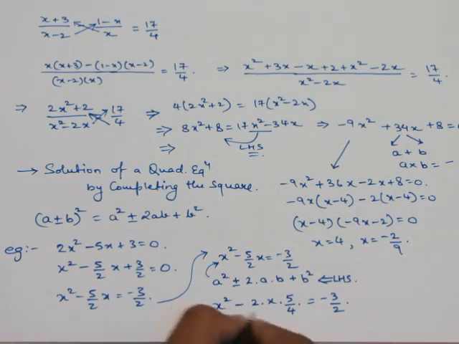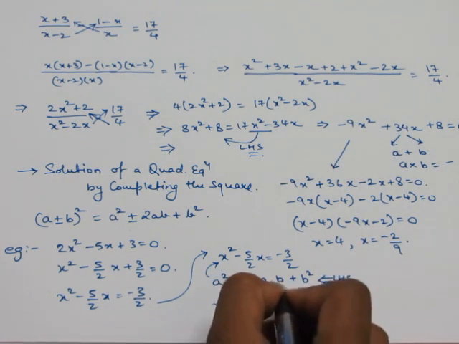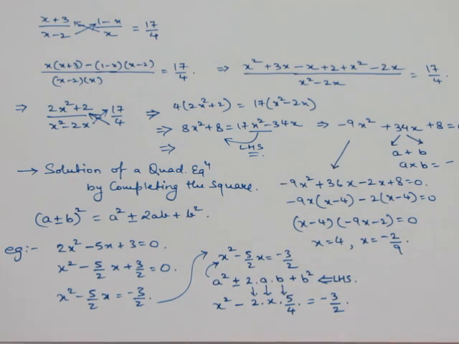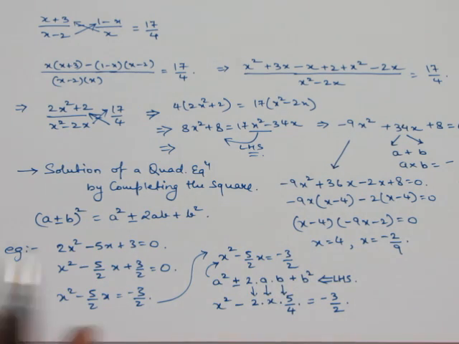So now if I have to make this a perfect square, I'll have to add b, because this resembles a and this is b. So I need to add b square, and if I am adding something I have to add on both sides so that the equation remains the same. Let's add it.